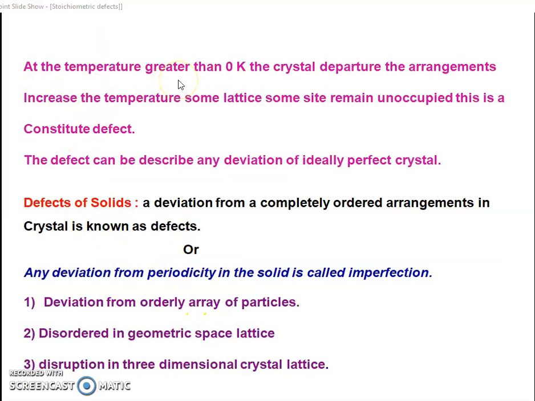When the temperature of the crystal is greater than 0 Kelvin, what happens? The arrangement of the crystal departs from perfection as the temperature increases. Some lattice sites remain unoccupied, and this is a constituent defect observed in the crystal lattice.